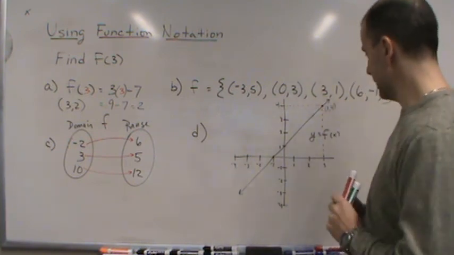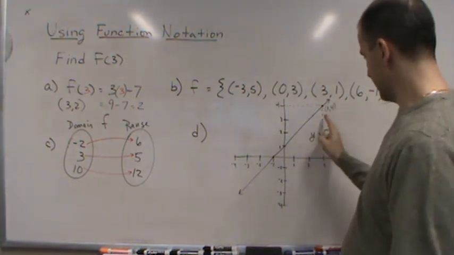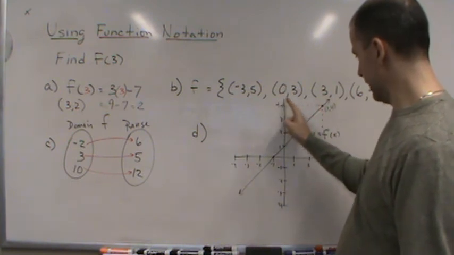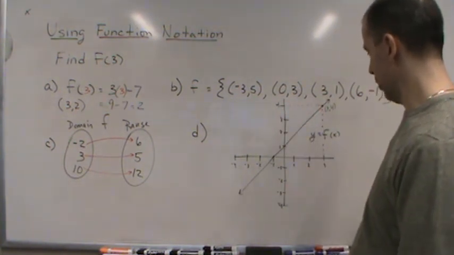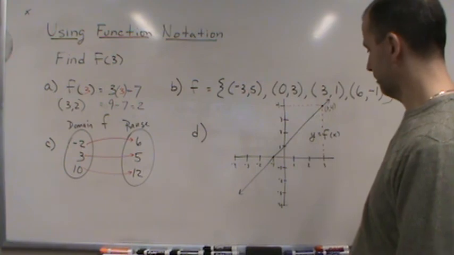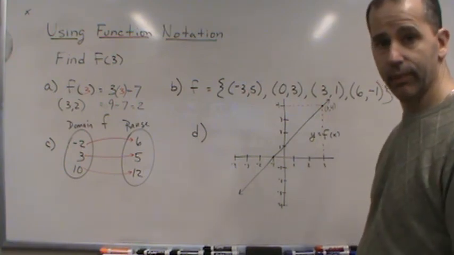And so in this case, we find that the value of f of x is 4 when x is 3. And that's it. Okay?